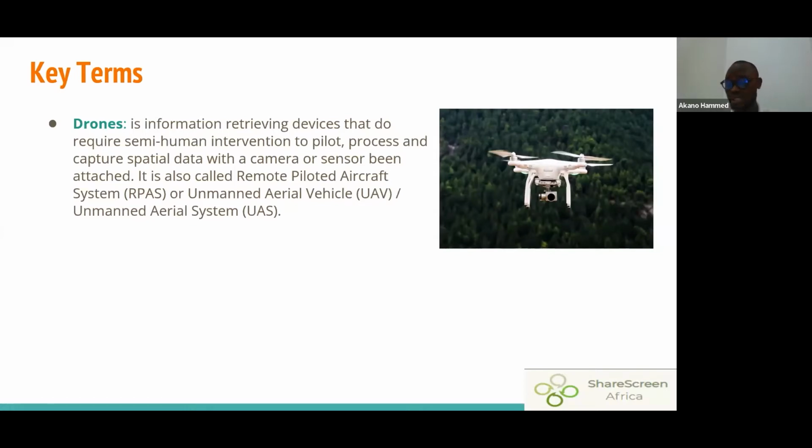There are automatic ways and manual ways, but the most common one is the semi-human intervention, whereby you start the drone and the drone moves on its own and gives you your information, and then you do other things with your data.